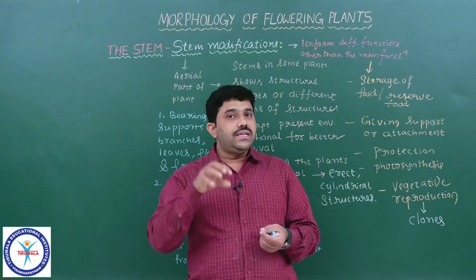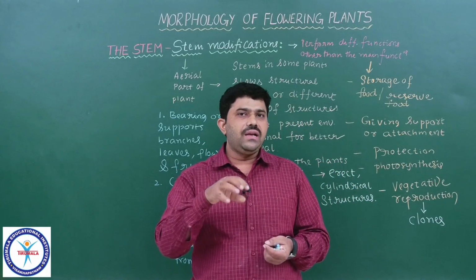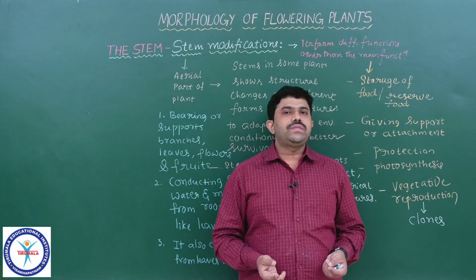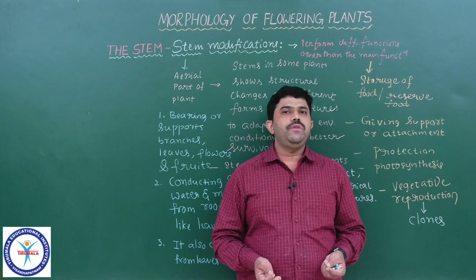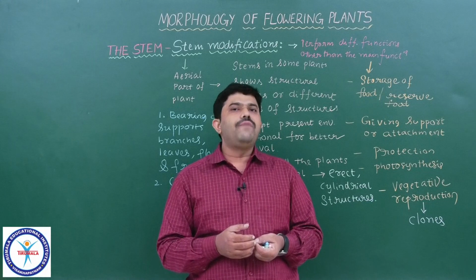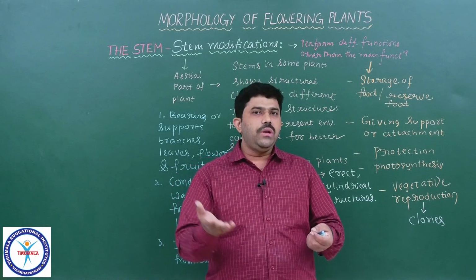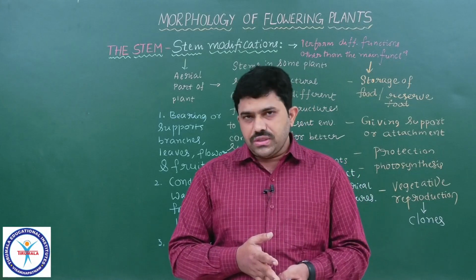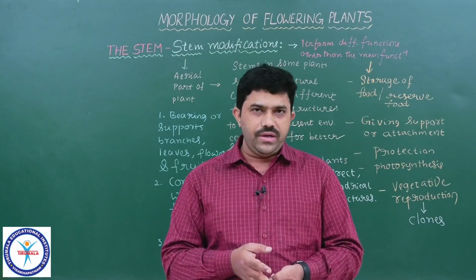The stem which is hidden below the soil shows some modifications. That modification takes place under the ground. That's why these are called underground stem modifications, students. Now you got the point?